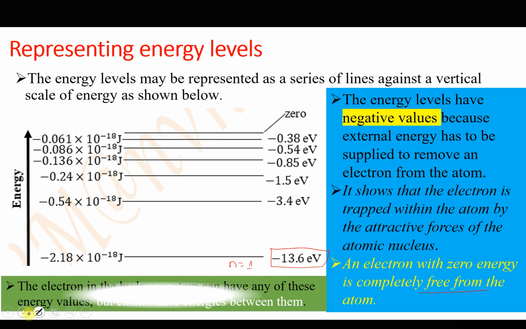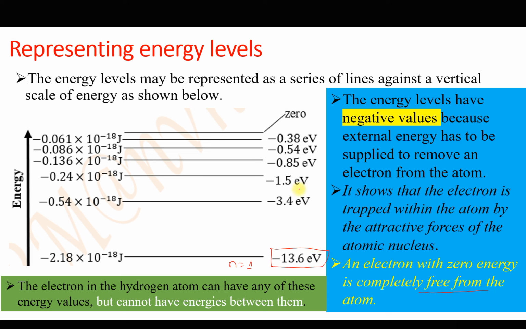So the electron in the hydrogen atom can have any of these energy values, but cannot have energies between them. So electrons within an atom have only specific energies. In other words, we say they occupy specific energy levels. An electron can have energy minus 13.6 electron volts, minus 3.4 electron volts, minus 1.5 electron volts.